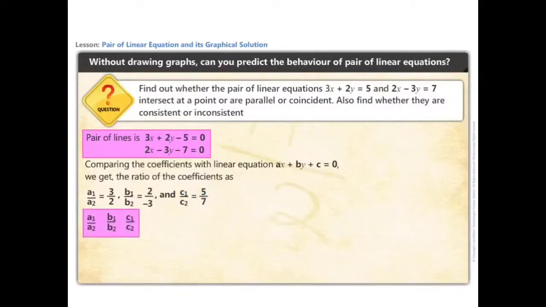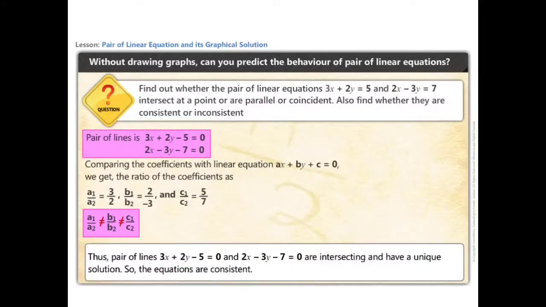Here, we observe that a1 by a2 is not equal to b1 by b2. Thus, we can conclude that the given pair of lines 3x plus 2y minus 5 is equal to 0 and 2x minus 3y minus 7 is equal to 0 are intersecting and have a unique solution. So, the equations are consistent.